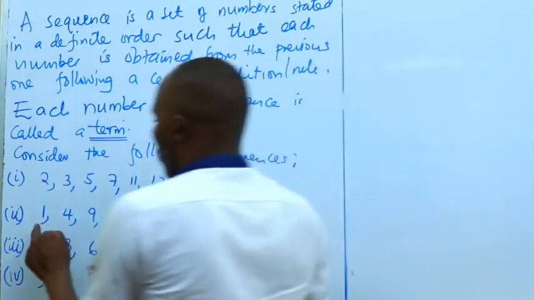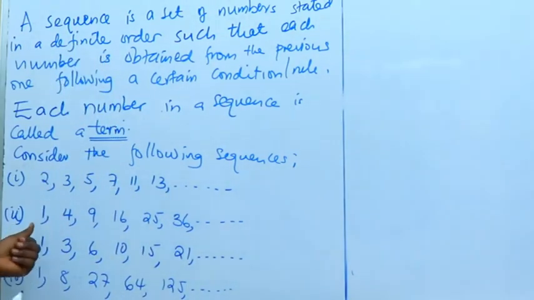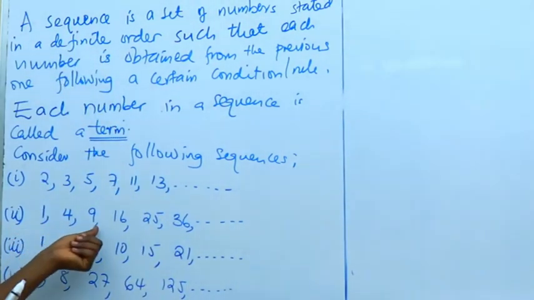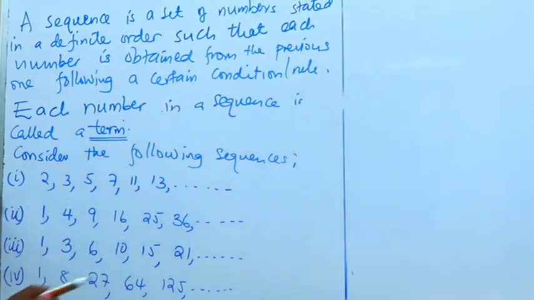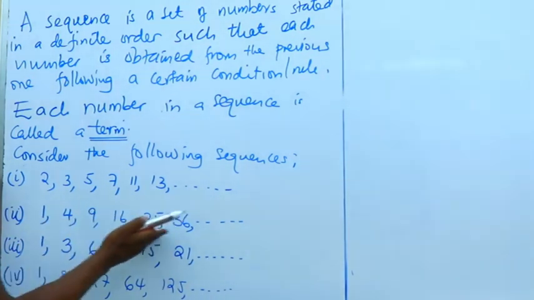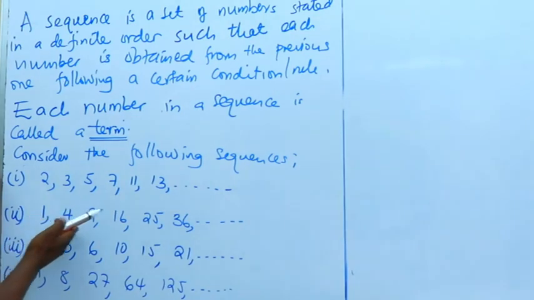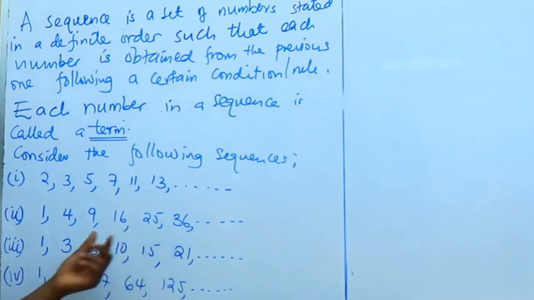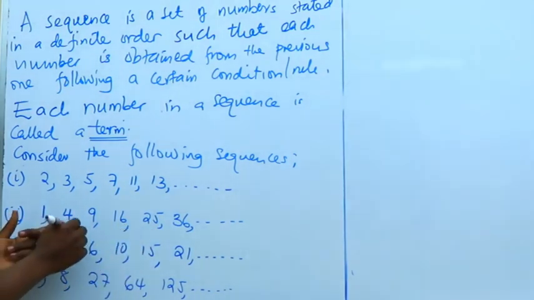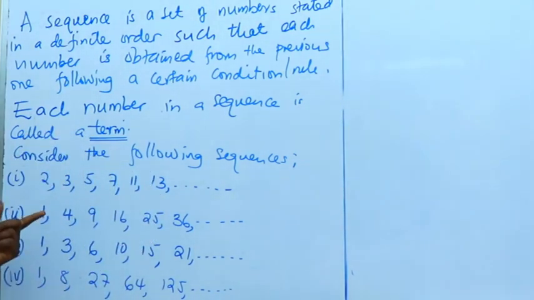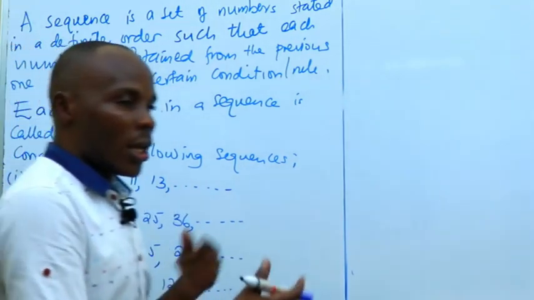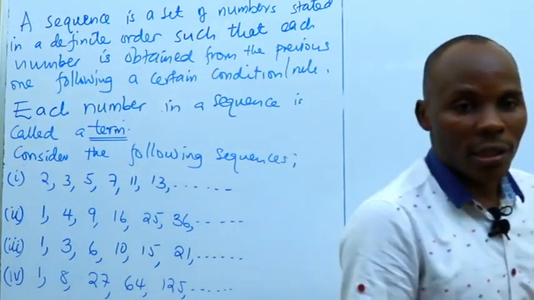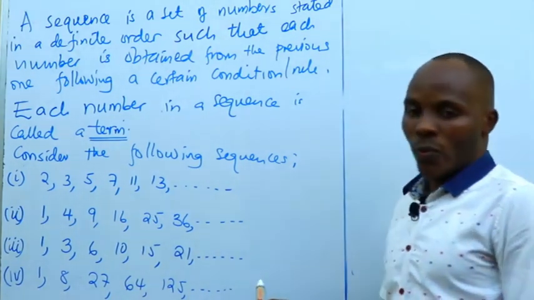If you look at the second one, we have 1, we have 4, we have 9, we have 16. When you look at these ones critically, it is a set of square numbers starting from 1 and beyond. The rule is to obtain the next number from the other, you have to square positive integers as they flow.